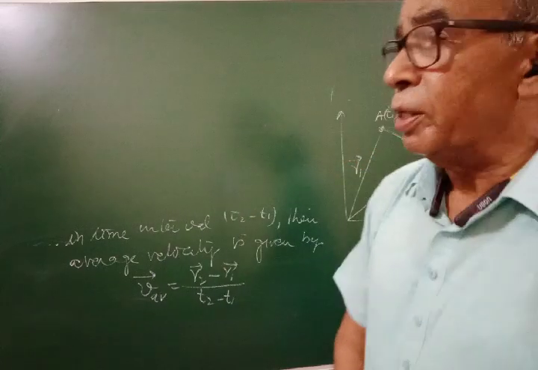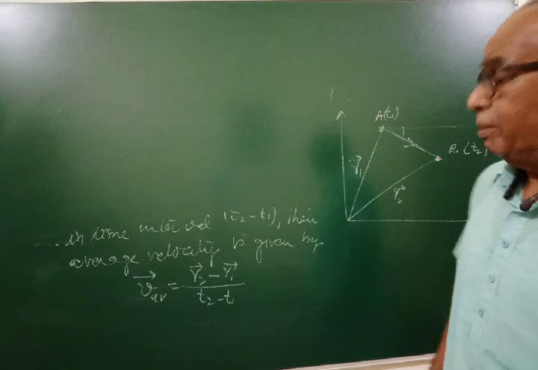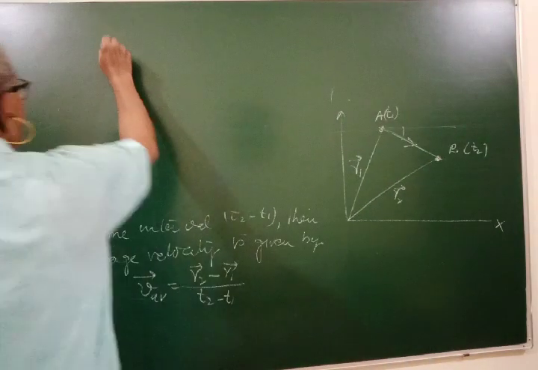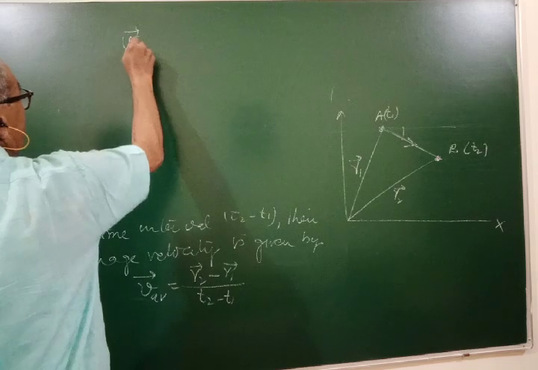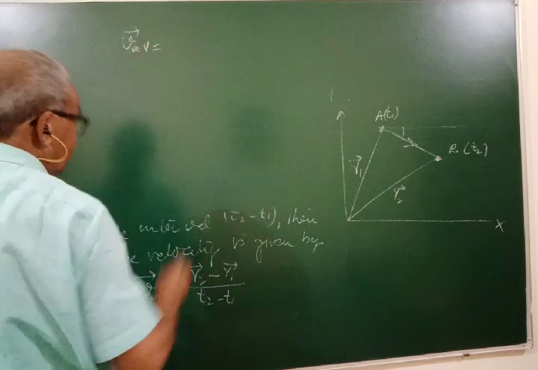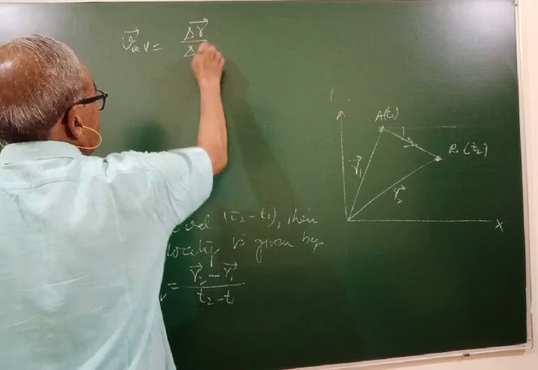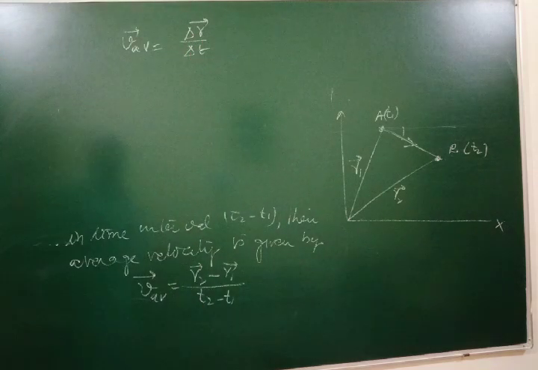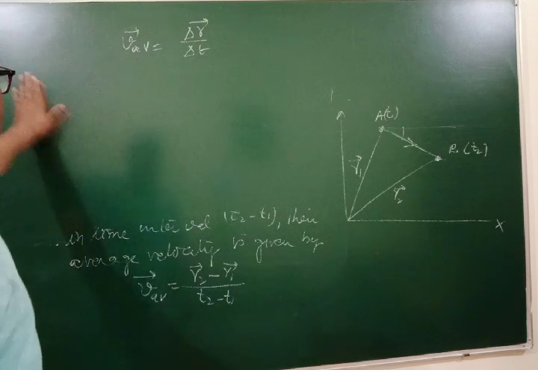So you get the cost of 1 and then multiply by 4. Here we do the same thing, we find per unit time, or we write velocity average equal to delta R upon delta T. So change in position vector per unit time gives V average.